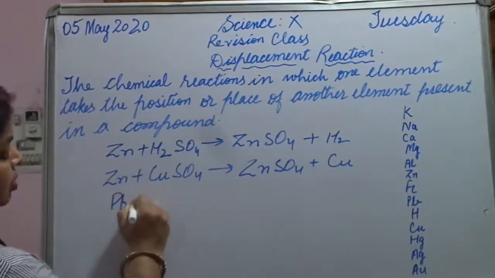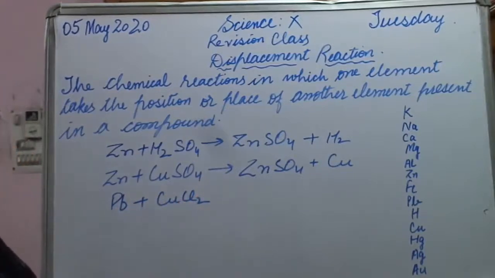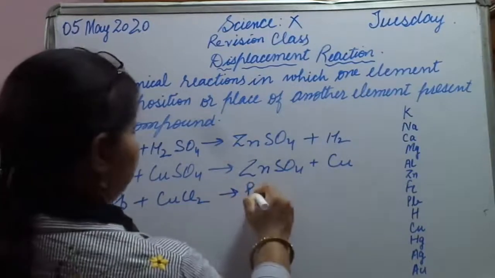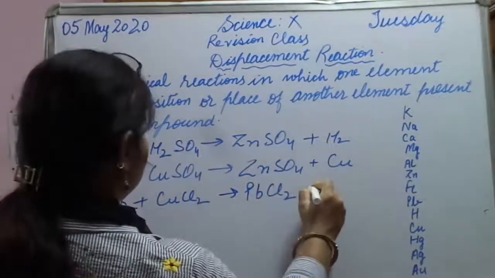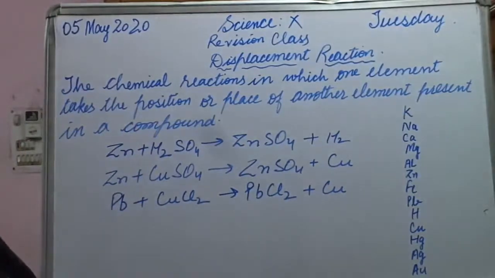Lead plus CuCl2, copper chloride. The reaction will take place and it will form PbCl2 plus copper. Is it okay? So next is AgNO3. Let us take one more example.